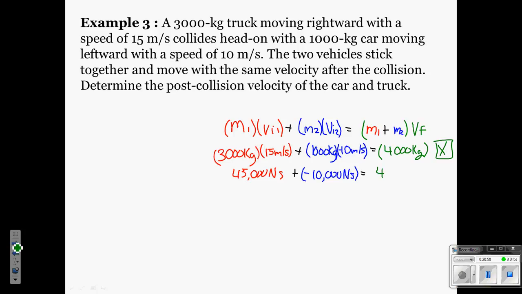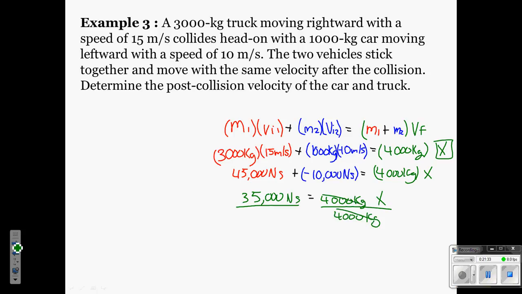All right, so we got our 4,000 kilograms over here. All right, so let's go ahead and take care of our 45,000 minus our negative 10,000, which is going to give us 35,000. And you know what we're going to do here. We're going to divide both sides by 4,000.